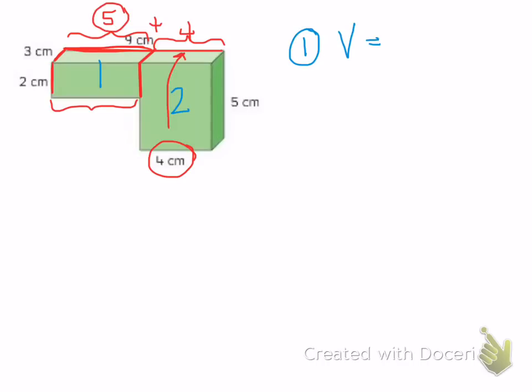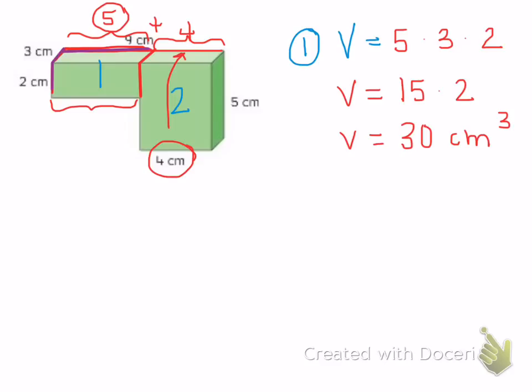So I'm going to take 5 times 3. That again is my length. The length is 5 times the width is 3, and then times the height, which is 2. So you should have multiplied 5 times 3 to get 15, and 15 times 2, which gives you 30 centimeters cubed.